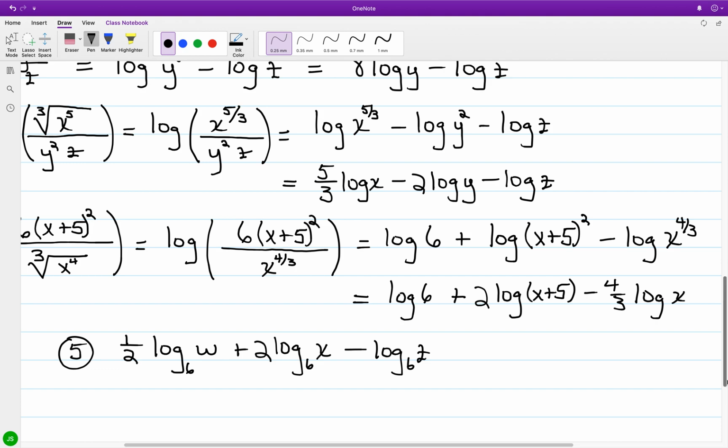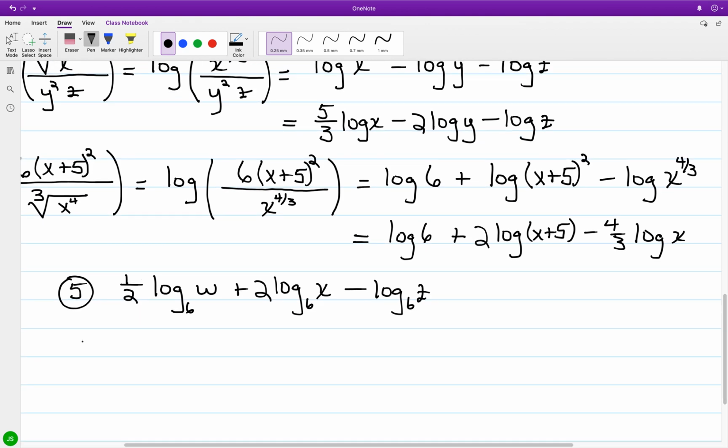And in terms of condensing as a single base 6 logarithmic term, wherever we have coefficients other than 1 out the front, we're going to adjust, changing and modifying from what we have originally to exponents. So you had the base 6 logarithm of w to the 1/2 plus the base 6 logarithm of x squared. And again, we have minus the base 6 logarithm of z.